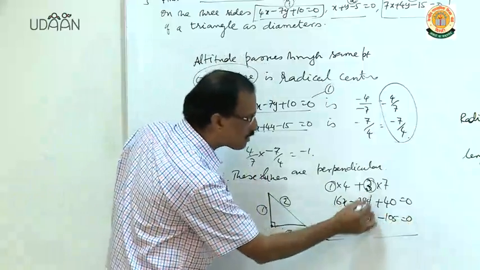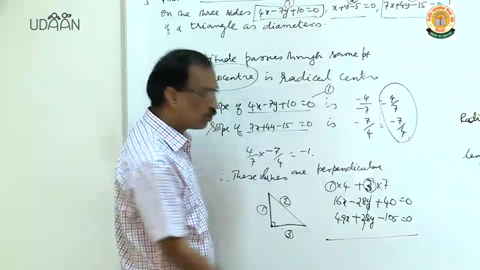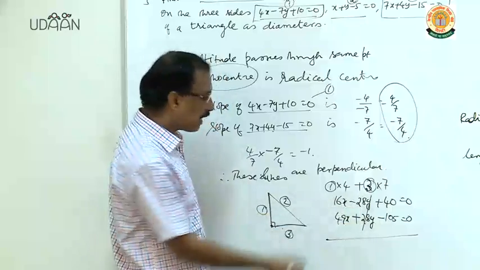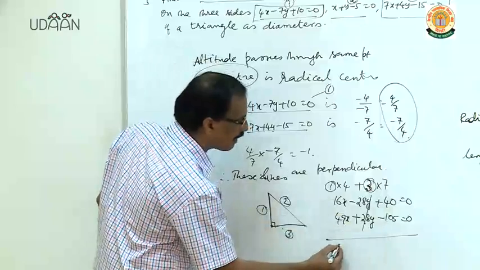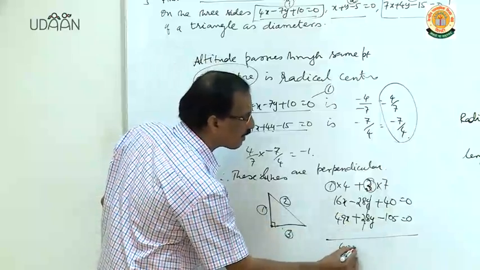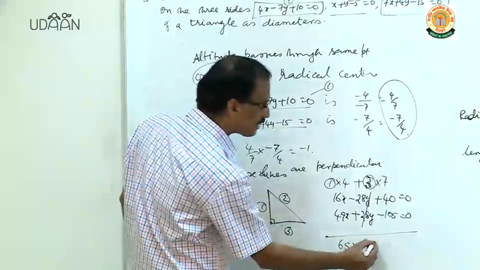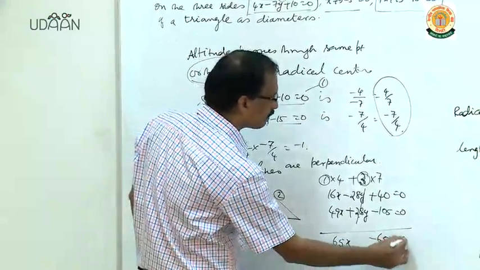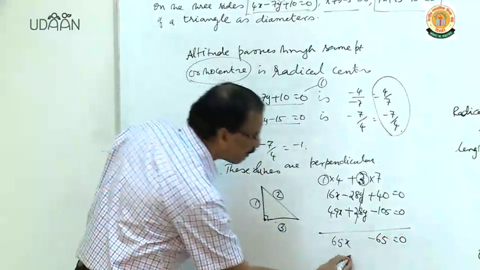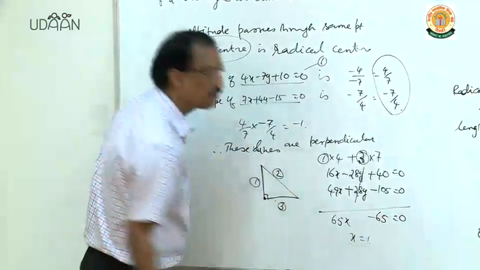Since these two have opposite signs, this gets cancelled. Add these two, so what do we get? 65x minus 65 equal to 0. So, we get x equal to 1.